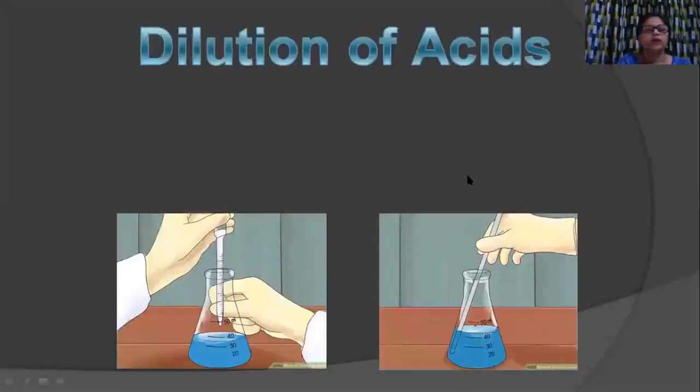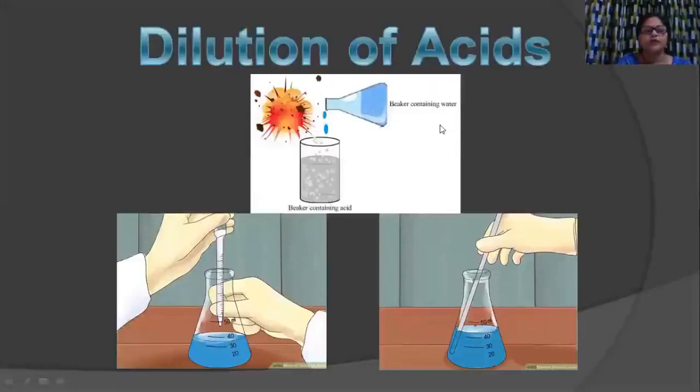Now here you can see the dilution of acid, which means that water is being added to the acid to make it a little bit less concentrated. This process you can see over here in this beaker containing acid.